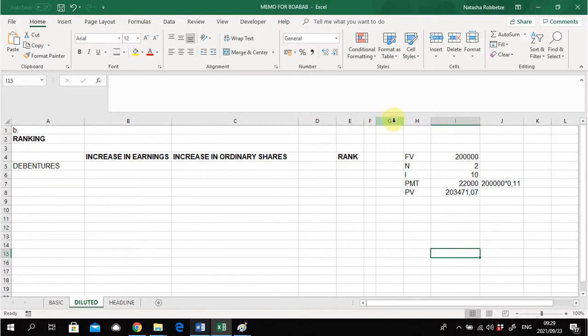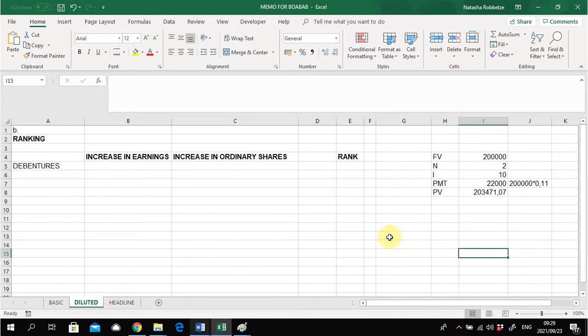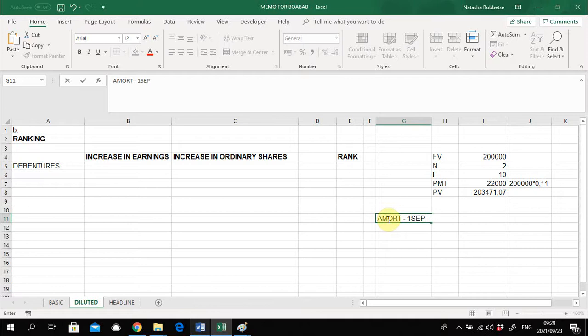Now I also have to explore what the interest will be for this calculation. So there's an amort 1, right? Amort 1 will be between the 1st of September 2006 and the 31st of August 2007.